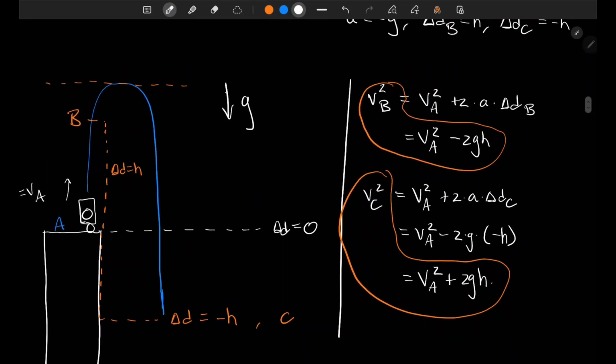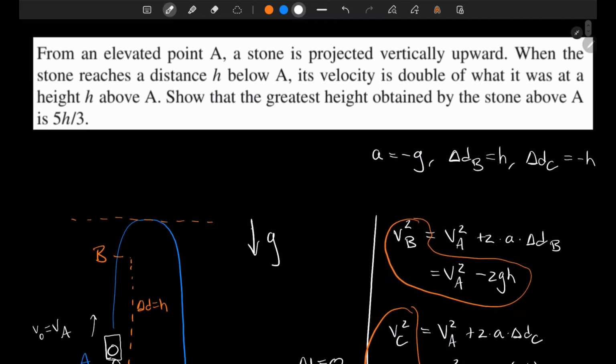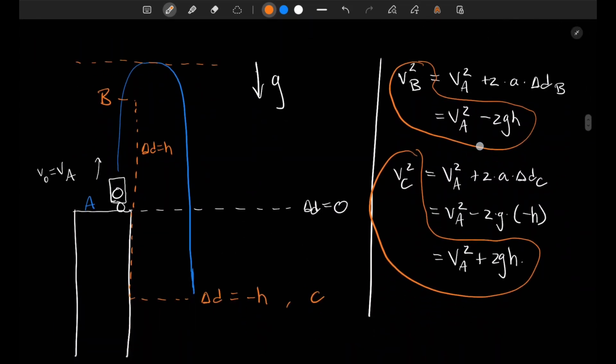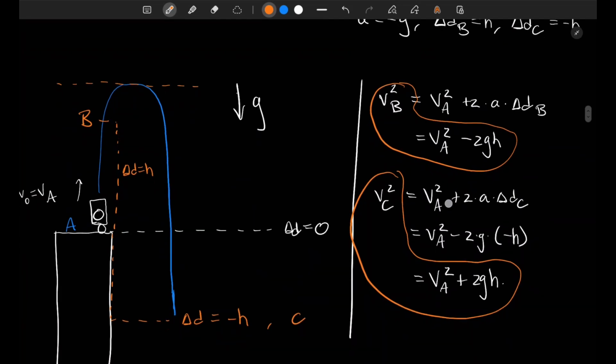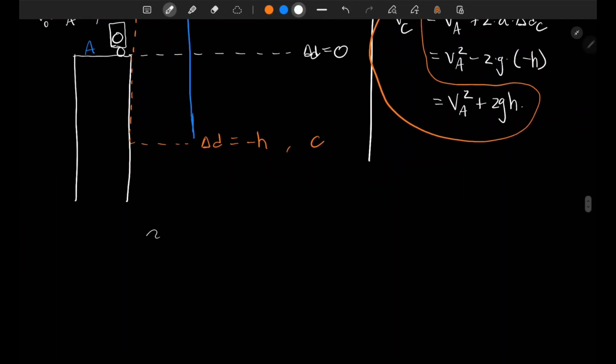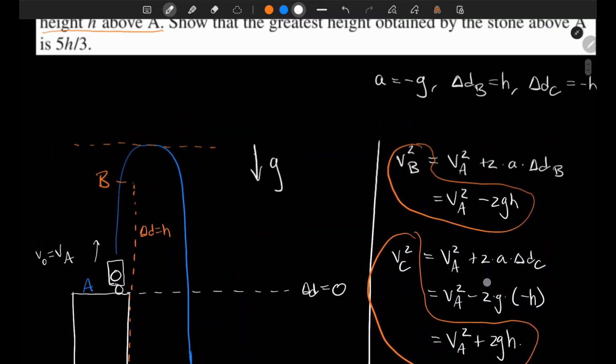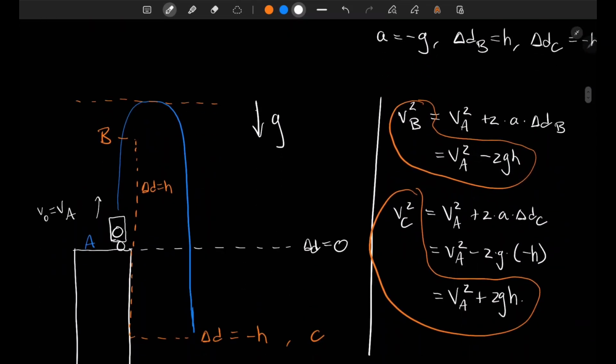And something we also know is how to relate the velocity at B and the velocity at C. The problem tells us that the velocity at point C is double of what it was at point B, because B is height h above A. So the velocity at point C is 2 times the velocity at point B. So we can write this out. vC is equal to 2 times vB. And that's just because of what we're given. This is what the problem tells us.